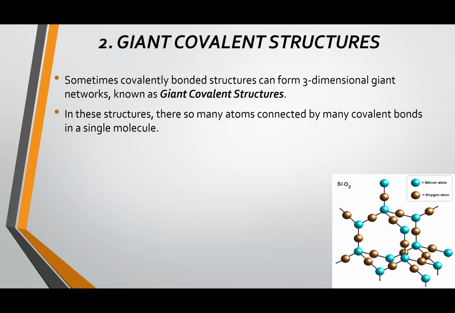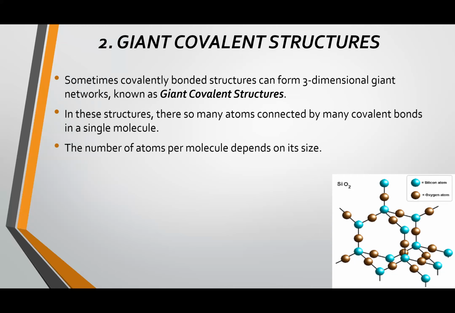In these structures, there are so many atoms connected by many covalent bonds in a single molecule, as we will see in the picture below. The number of atoms per molecule depends on the size of that molecule.